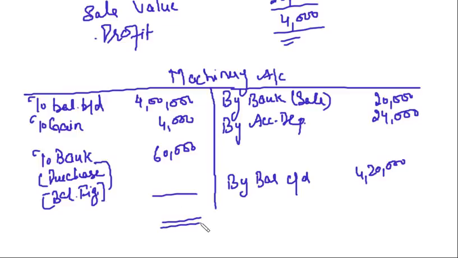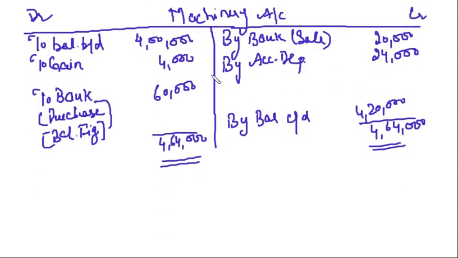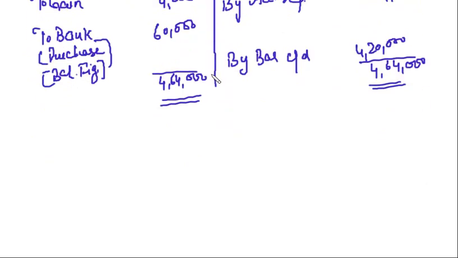So why do we prepare the fixed asset account? To find out the missing figure, which in most cases will be the purchase of a fixed asset. Right? If credit side is more than debit side, then it is a purchase of fixed asset. Now along with this we have to prepare the accumulated depreciation account.